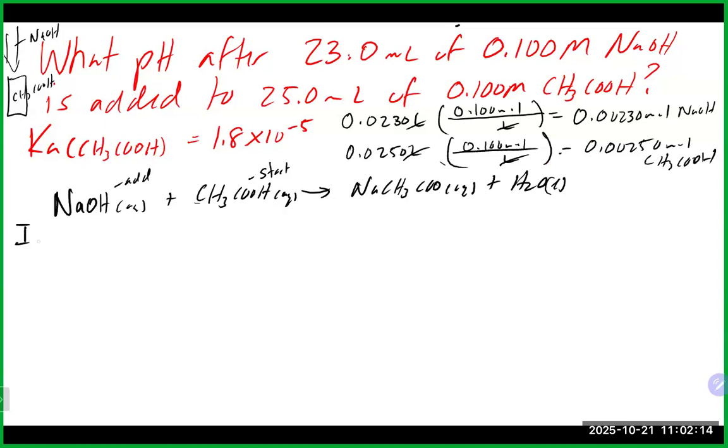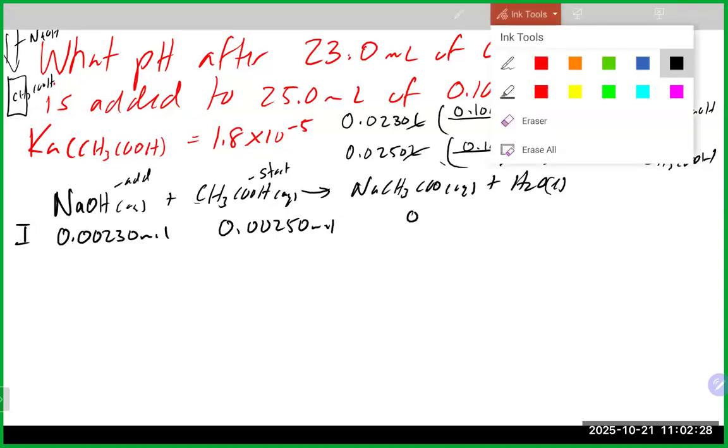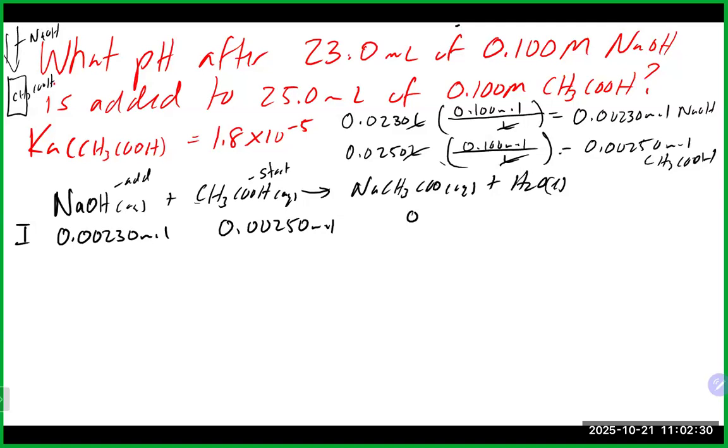So initially here we've got 0.0023 moles, 0.0025 moles, and 0. At this point, we can determine where we are at. Am I before, at, or after the equivalence point?